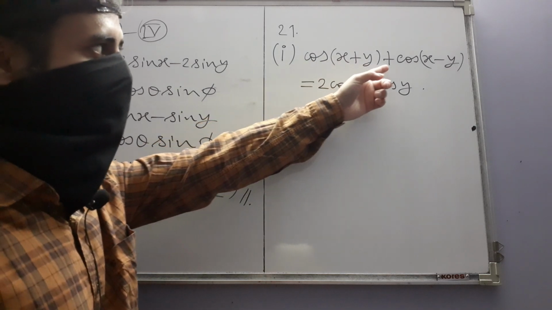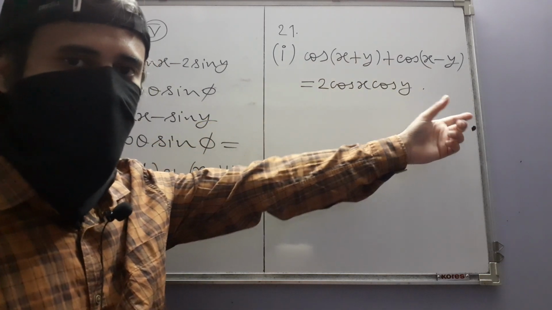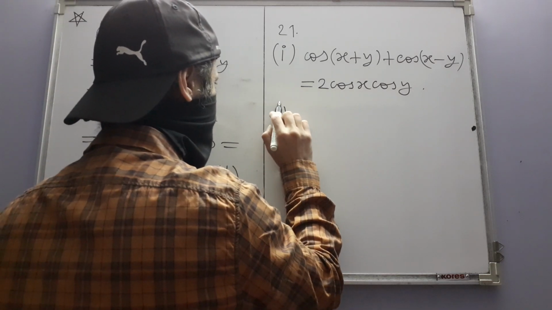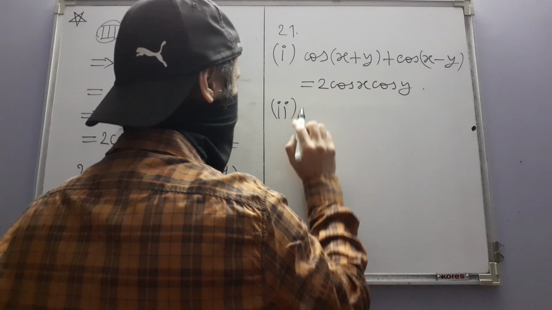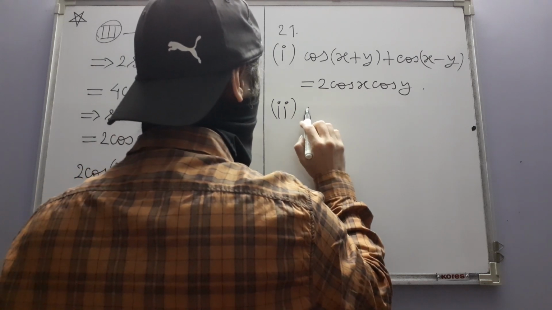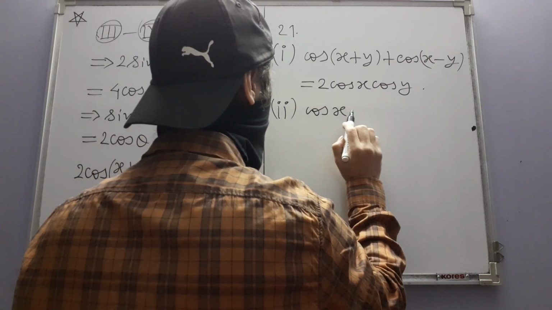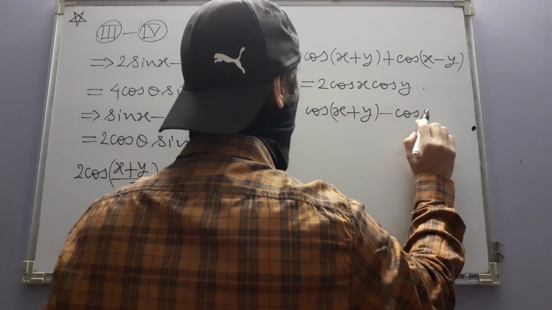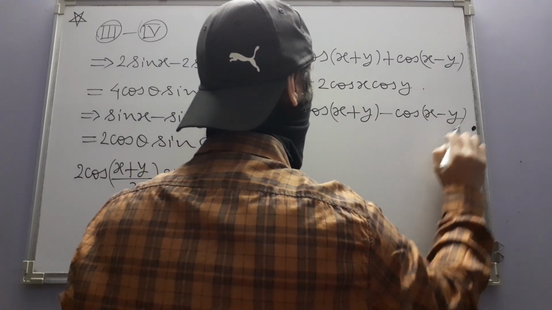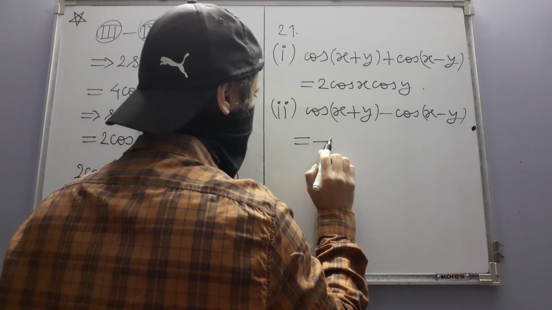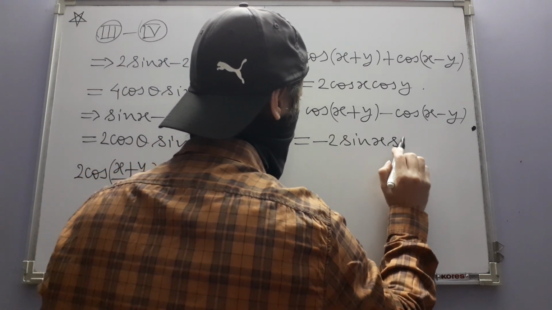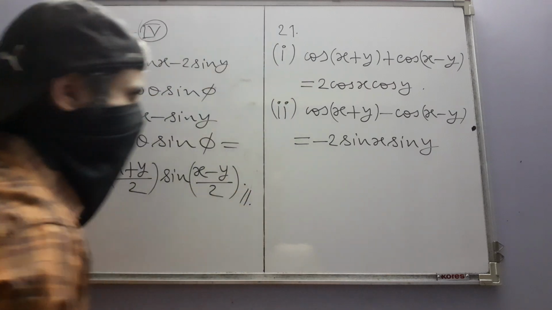You expand this one, and after cancellation, you are going to get this. Similarly, cos of x plus y minus cos of x minus y is equal to minus 2 sin x sin y.